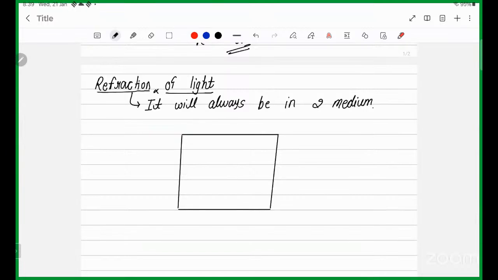Take an example. If I incident a ray, this will be the incident ray, and it passes through the normal.